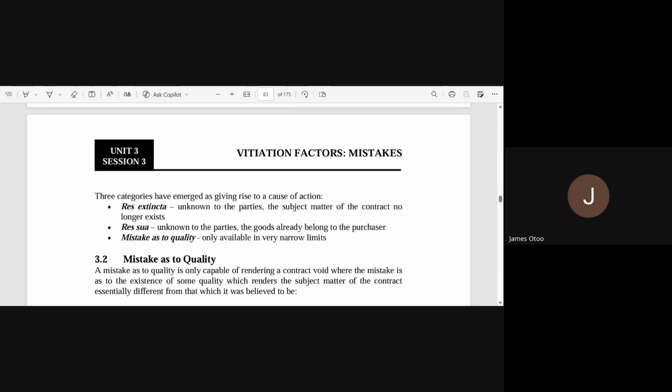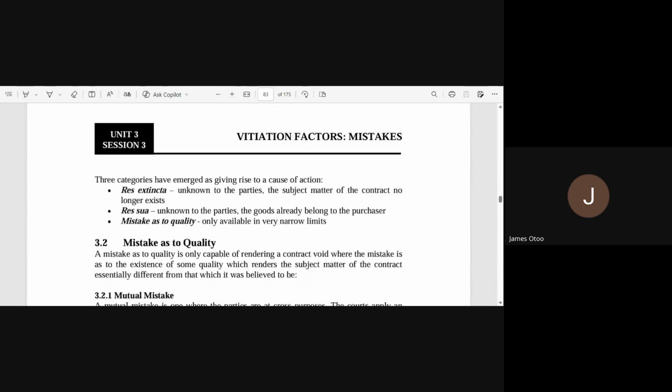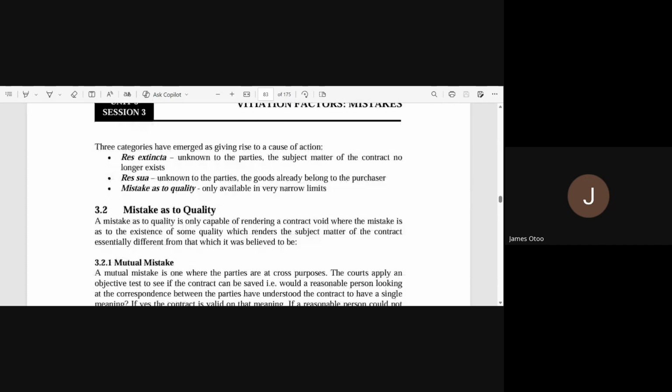Mistake as to quality. If the quality that you are looking for is not the same as what you have been given, there's a mistake.